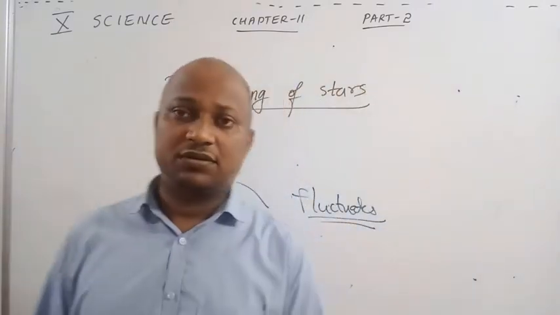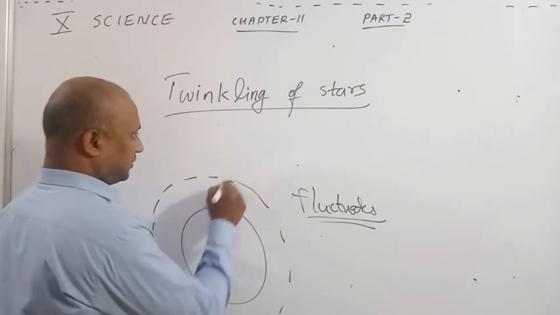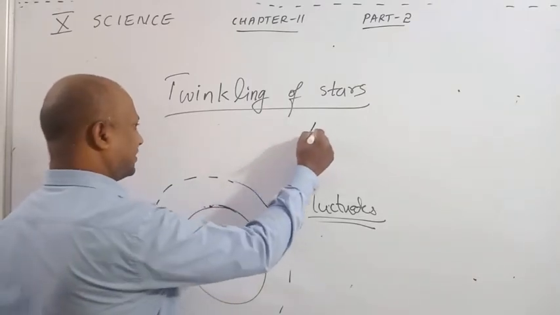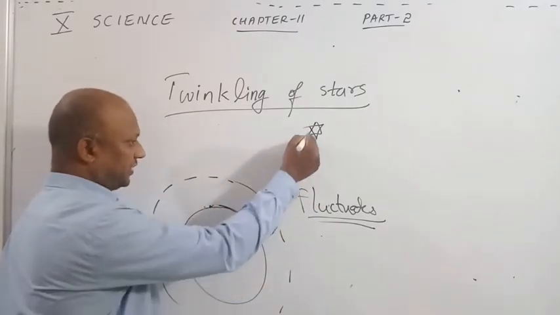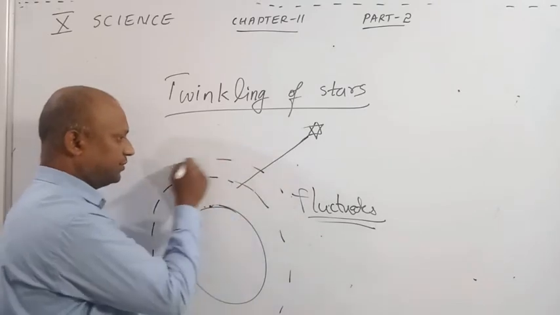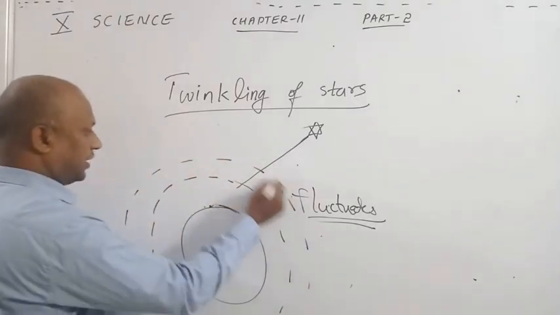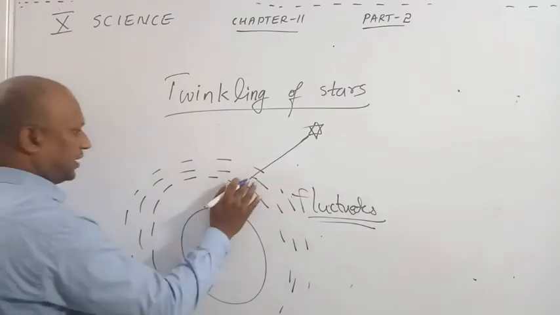So then, suppose star is here, and the ray of light comes to the atmosphere. So atmosphere का अलग-अलग layer है, अलग-अलग layer में अलग-अलग.